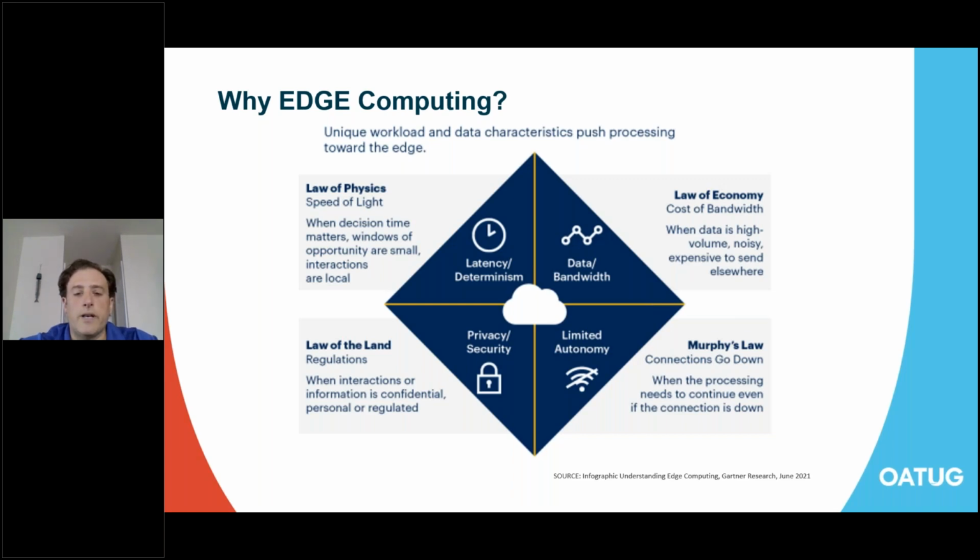The law of economy is reason number 2. So if you have high volume or high bandwidth activities that need to happen, edge computing can solve for a lot of these things where data is expensive to send. So we see this in the tax world with procurement activities, where companies might recalculate, or they might choose to calculate tax on 100 million transactions in a couple of hours.